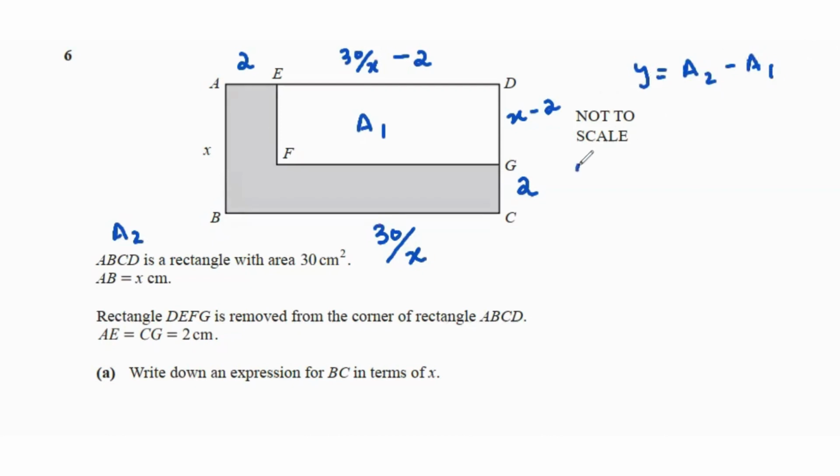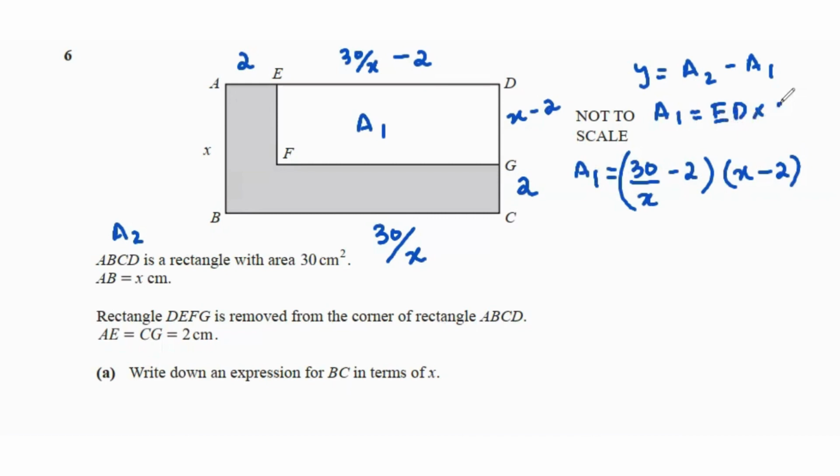So area of A1 is going to be 30 over x minus 2, which is ED, times x minus 2, which is DG. So A1 is ED times DG. This is very important, so I'm just going to highlight this so that you know what we're doing.